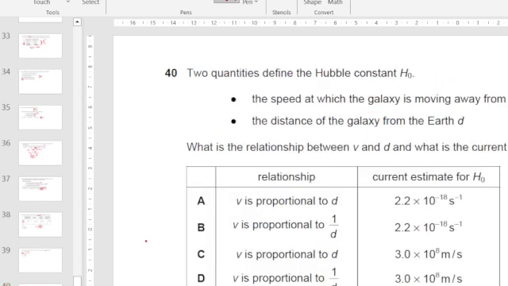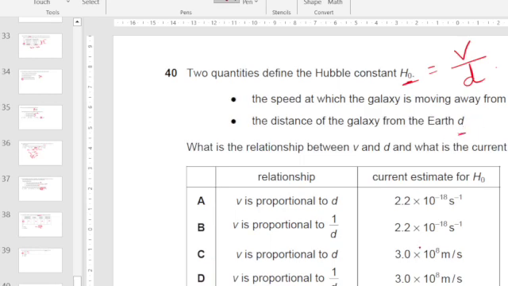And for the last question, the 40th question, Hubble's constant H0 will be equal to V by D. That is the speed at which it is moving away from us and the distance of the galaxy or any object from our Earth.